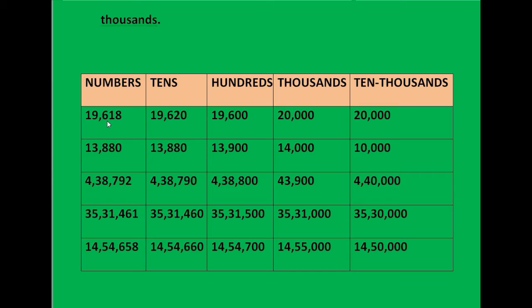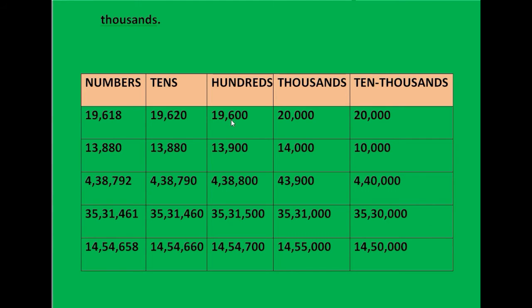Now rounded off to hundreds. First see the hundreds place digit, that is 6, and also see the digit to the right of it, that is 1. Now 1 is less than 5, so according to rule number 2 we should not add 1 to this digit, but leave it as it is.